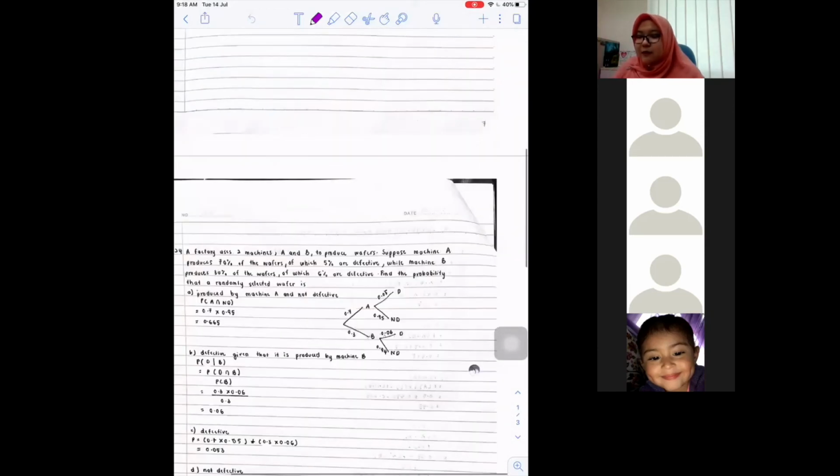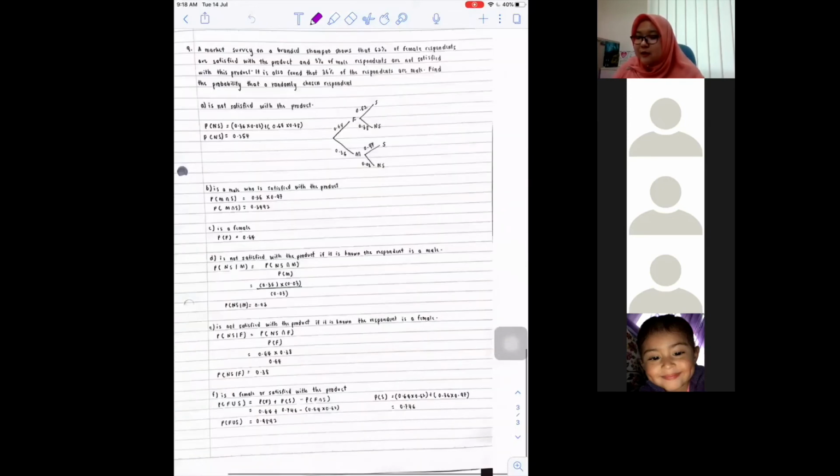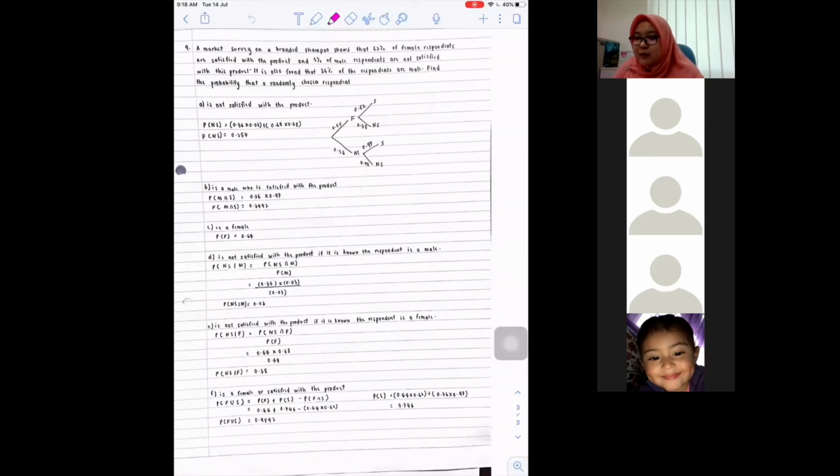A market survey of a branded shampoo shows that 62% of the female respondents are satisfied with the product, and 3% of the male respondents are not satisfied. So this is the probability of satisfied, given that the respondent is female, 0.62. And this is the probability of not satisfied, given male.